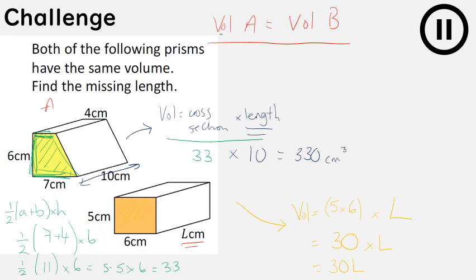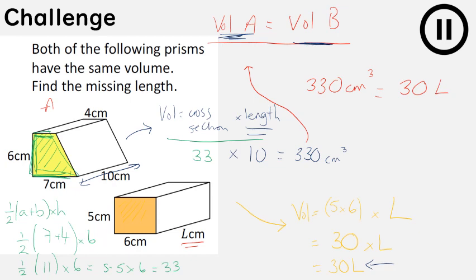So I've found the volume of A, I've found the volume of B, but the volume of B has this letter L. Well, let's go to the start where I wrote that both of the volumes have to be the same, and let's put in what we found out. We found that the volume of A was 330 centimeters cubed, and I found that the volume of the shape B, the cuboid, was 30L.